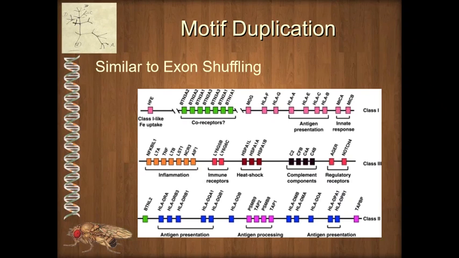Okay? And so just like exons and exon shuffling, these motifs can be duplicated. Now, the little bit of confusion, I think, comes from really an idea of scale rather than complete difference between what a motif and a domain is.